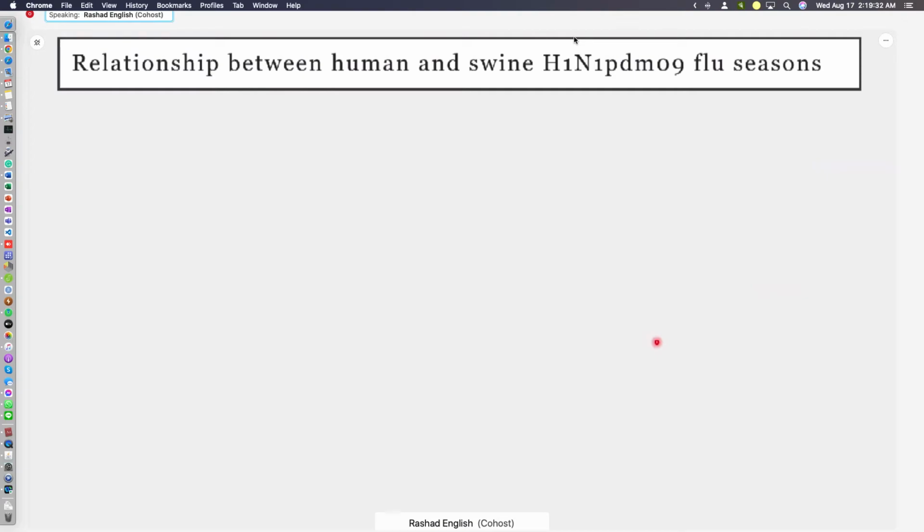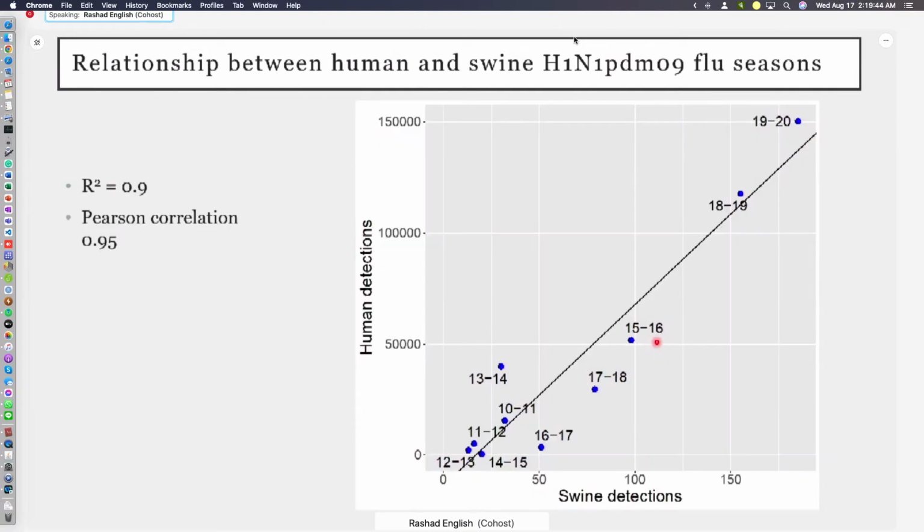Given this entangled structure of this virus, we wanted to look in depth at the flu season, season by season, to see the relationship between humans and pigs. This graph shows flu seasons from 2010-11 up to 2019-20. On the x-axis you can see the number of detections of pdm09 in pigs, and on the y-axis the number of detections in humans.